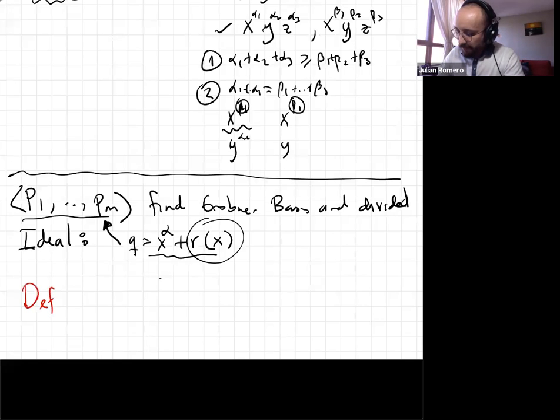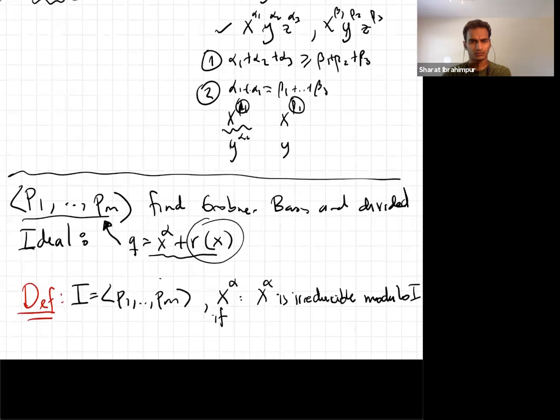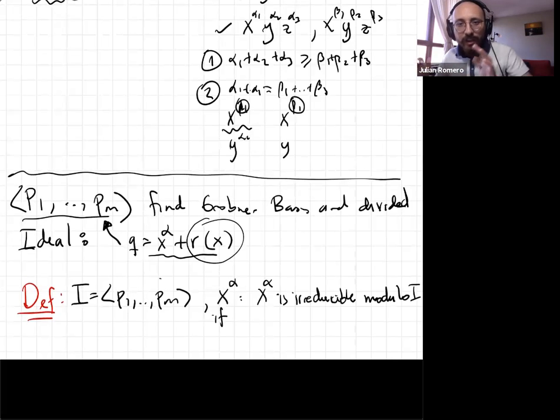I'm given an ideal generated by the polynomials P1 up to Pm, and I'm given a monomial x to the alpha. I say that x alpha is irreducible modulo I if the division gives the same thing, so I cannot reduce anything. That means irreducible: when I apply phi on x to the alpha, I obtain x to the alpha.